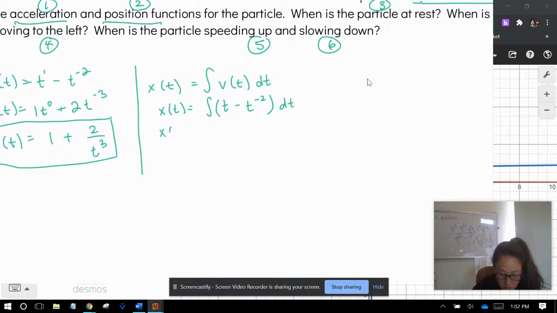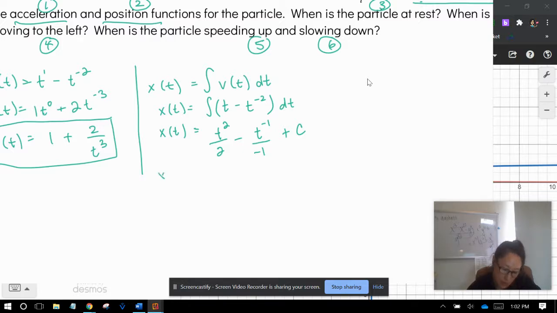So position is equal to, okay, I take the t, raise to the power squared, and then I divide it by the power. Minus t to the negative 1 over negative 1. And I had 1's in front, so I don't need to bring forth the coefficients. Plus my constant of integration.